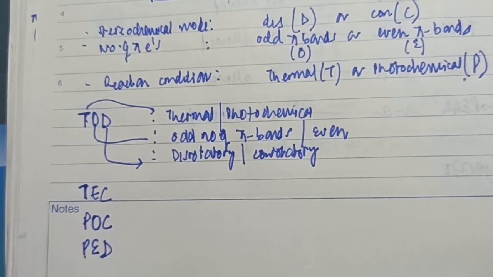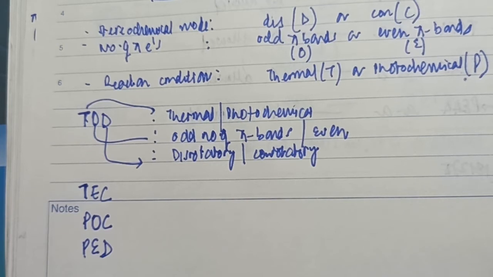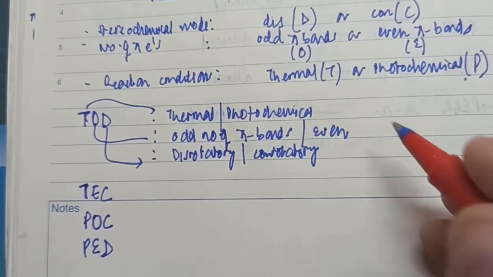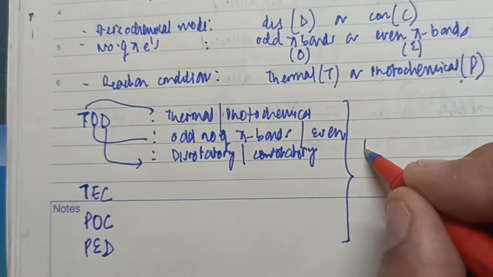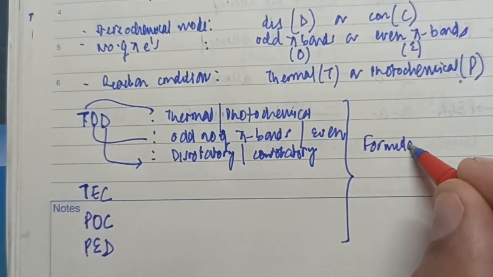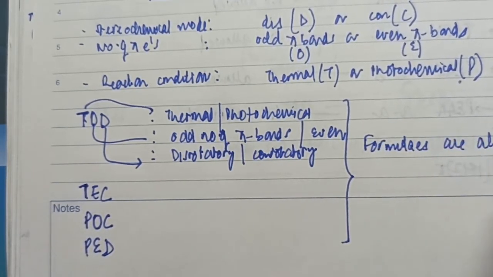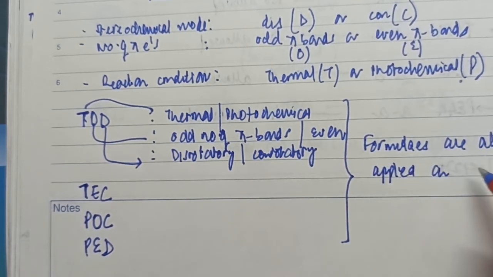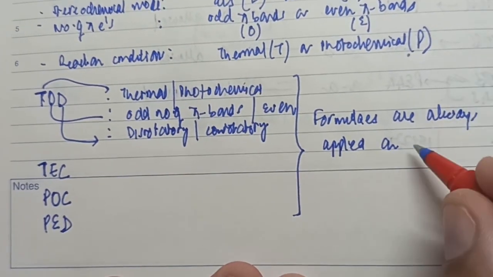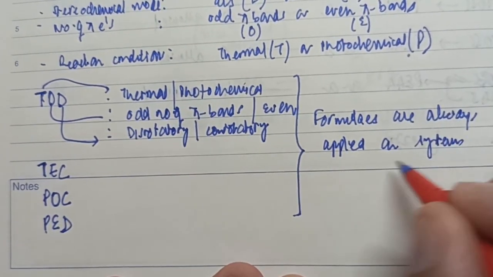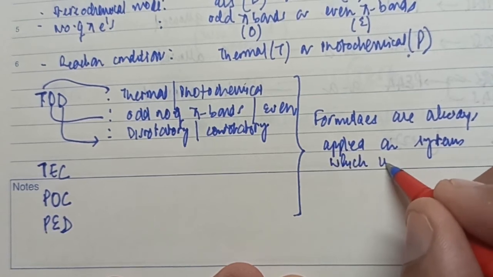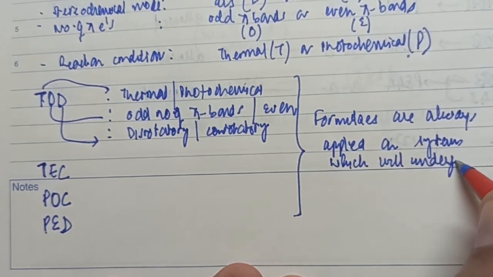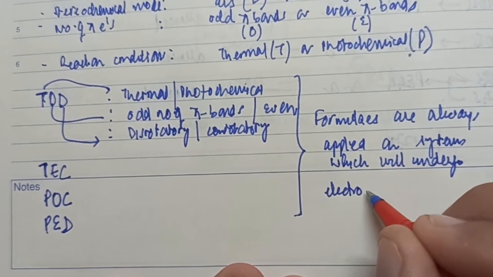All you need to do is remember just one formula, and this would determine the reaction conditions in the electrocyclic reactions. But do remember one thing, that formulas are always applied on systems which will undergo electrocyclization.